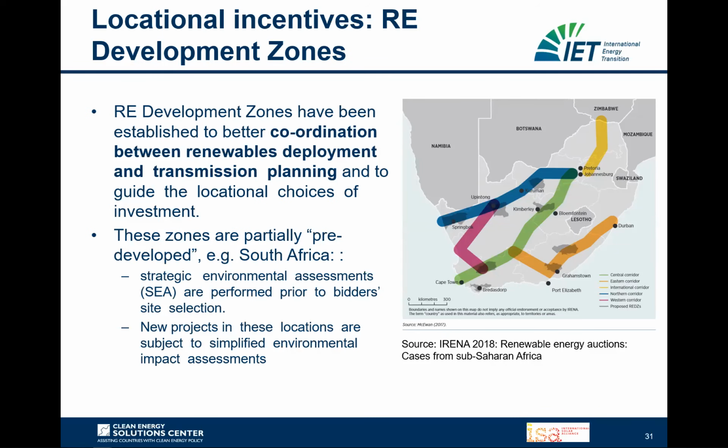Last but not least, let's look at some locational incentives based on renewable energy development zones. IRENA was trying to promote this type of development zones across the African continent, but also in other parts of the world. And the basic idea is that you look at the existing transmission grid within a country or within a continent, and then you say, hey, when you build close to these strong transmission lines, then you're actually benefiting the whole system, because you avoid further costs for expanding the distribution grid, for instance.